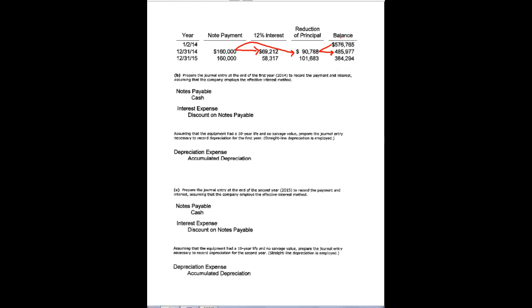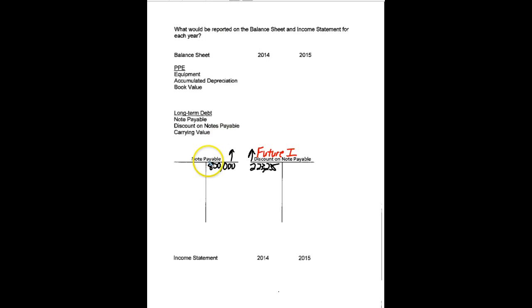Okay, so now let's make our journal entry. So for 2014, cash is paid, $160,000. So let's put that in our credit. And what's going to happen is we will debit our notes payable for the full amount. Now let's go post that note payable.